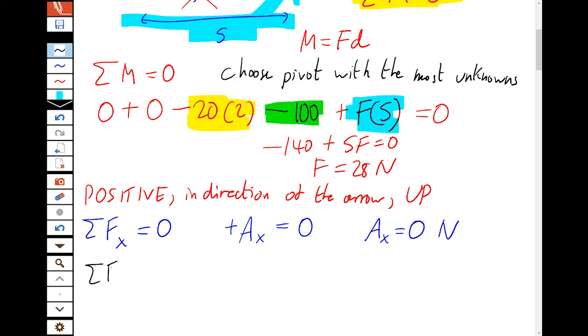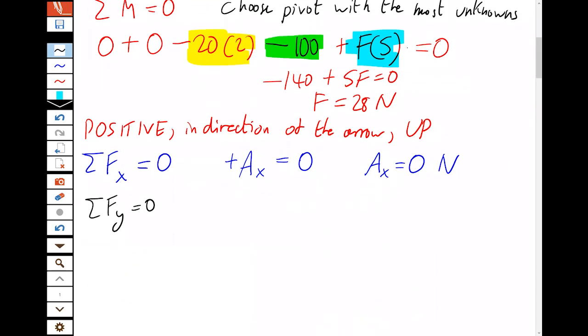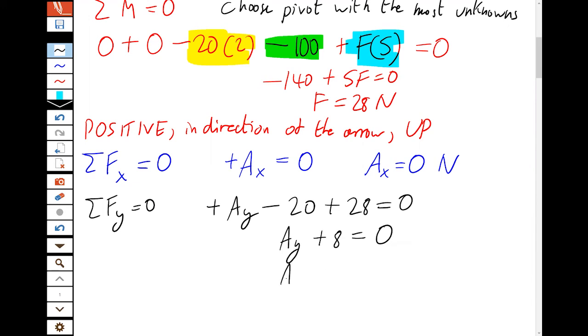And then the vertical forces is 0. So if we look at it, the arrow of AY is pointing up. So we've plus AY up. Then we had 20 newtons going down. Then we add plus F, which is 28 going up, which is 0. So we find that AY plus 8 is 0. So AY is minus 8 newtons.